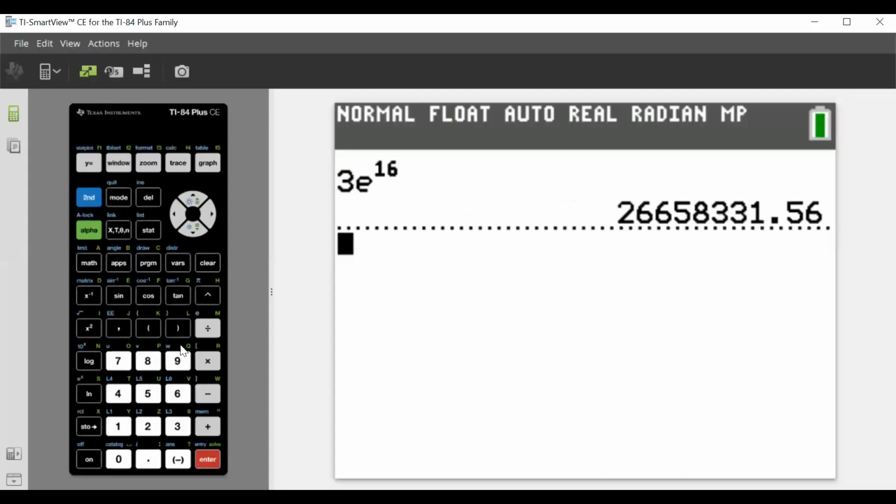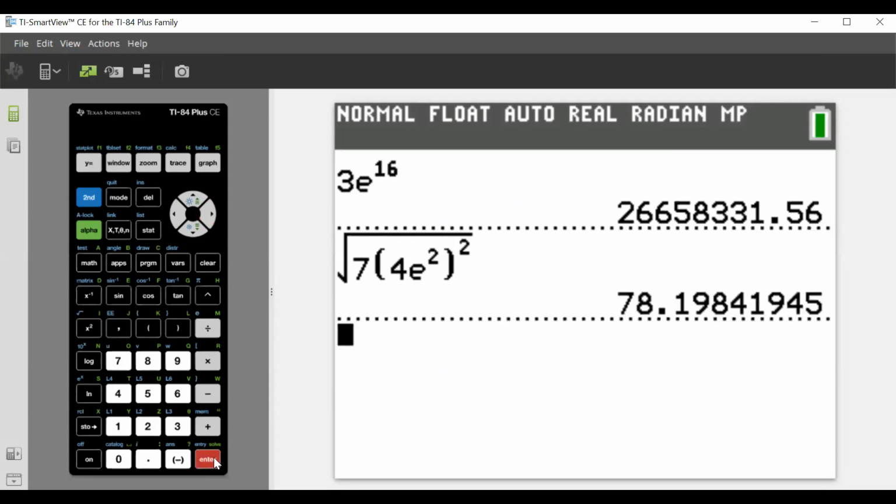If we write that out, the first way would be the square root of 7, and then we're going to have 4e, and then that was squared, and then down, and then parenthesis, and then squared, and that will give us the first way, which gives us 78.198.